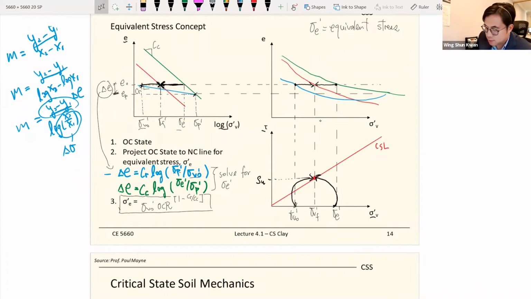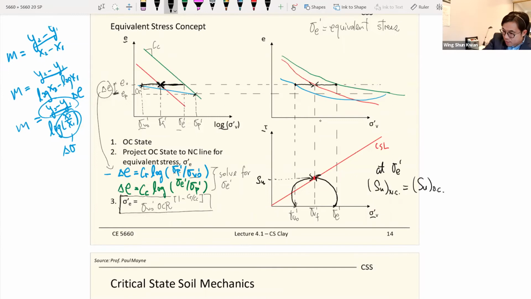Which means at the equivalent stress, the undrained shear strength for normally consolidated soil will be equal to the shear strength of overconsolidated soil. And the equivalent stress can be found with these equations.